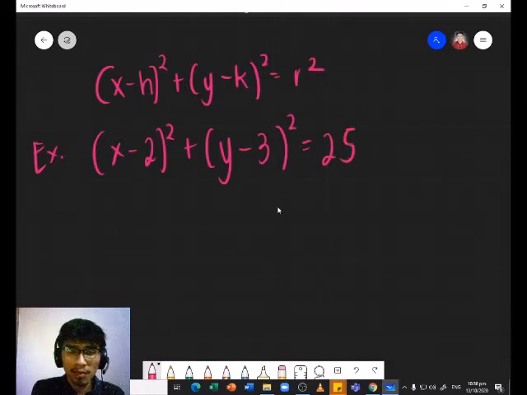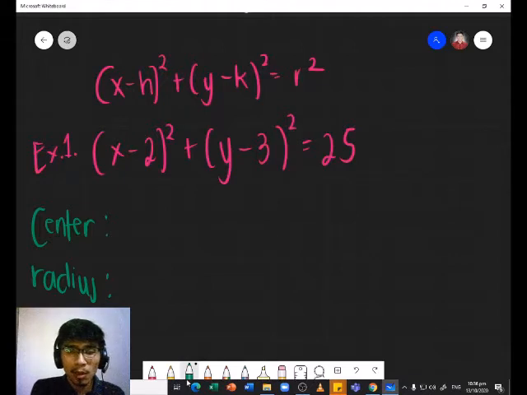So as you can observe, this is my example. By looking at this equation, let's try to identify what is the center and what is the radius of the circle.